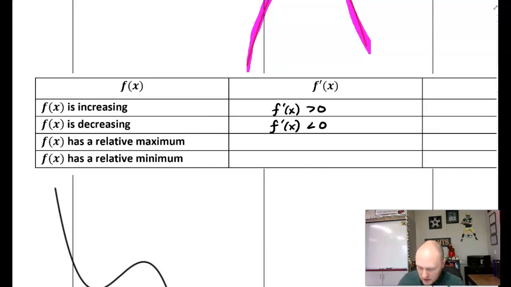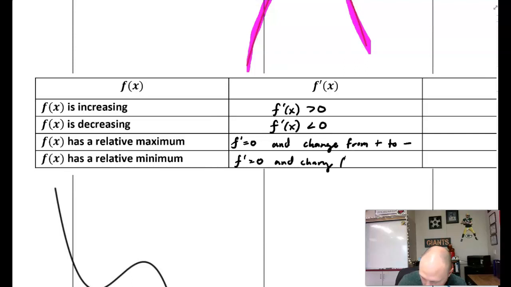If f of x has a relative maximum, that means that f prime is equal to 0, and it's going to change from positive to negative. Now if f of x has a relative minimum, again, f prime is equal to 0, and this time we are going to change from negative to positive on our f prime.